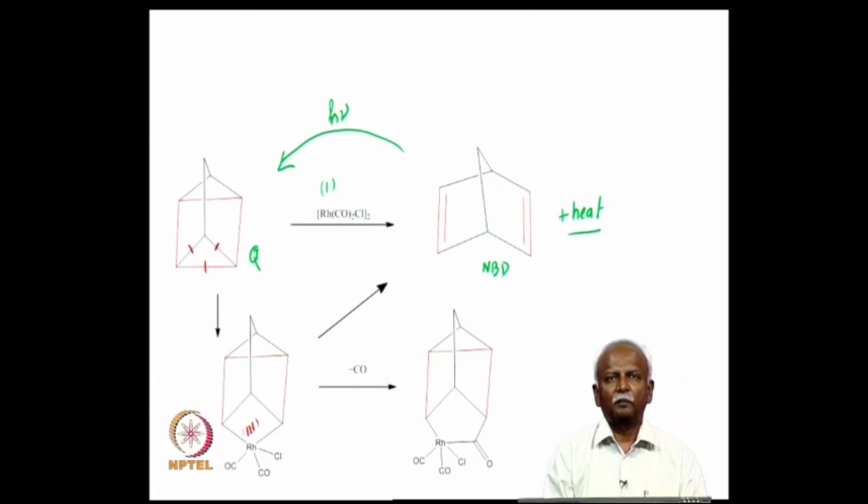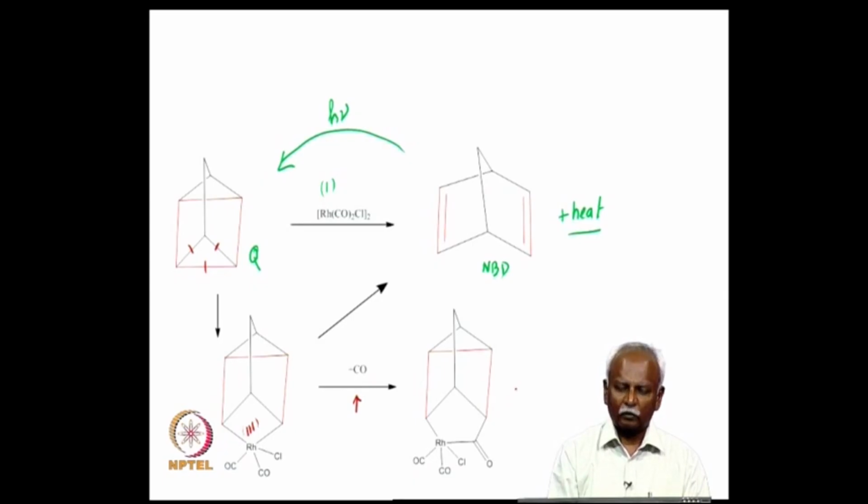Now, this rhodium(III) species turned out to be capable of doing a cycloreversion reaction in such a fashion that norbornadiene can be generated. On the other hand, if you have carbon monoxide in the reaction medium, here we have added carbon monoxide, then you could have an insertion reaction of carbon monoxide in such a way that a new product could be isolated.